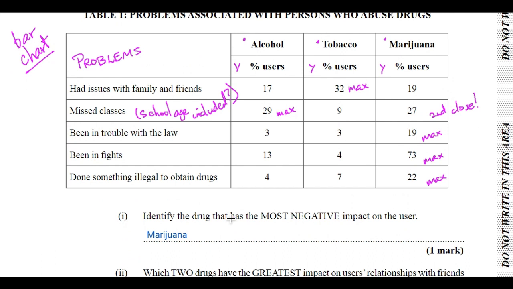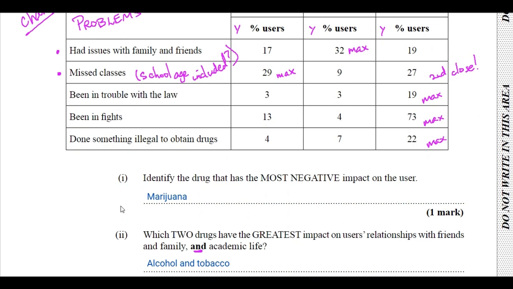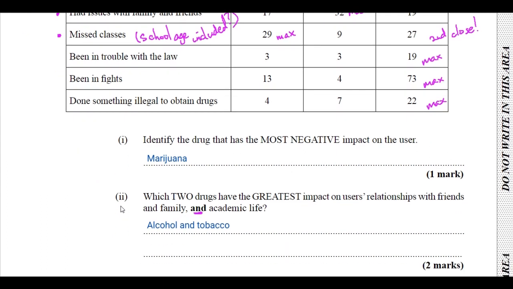So the first question, identify the drug that has the most negative impact on the user. Well, we have it plain in our face. So yes, marijuana would be the answer according to this data. Next question, which two drugs have the greatest impact on users' relationships with friends and family and academic life?